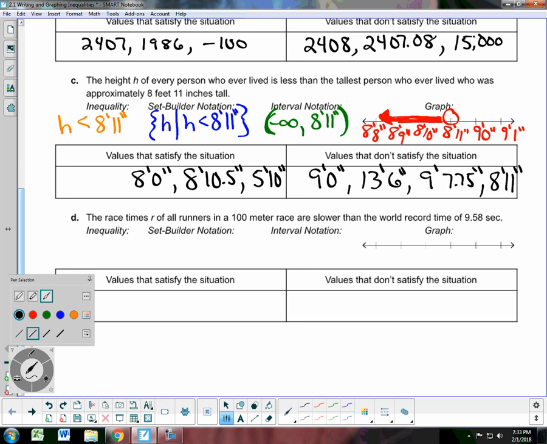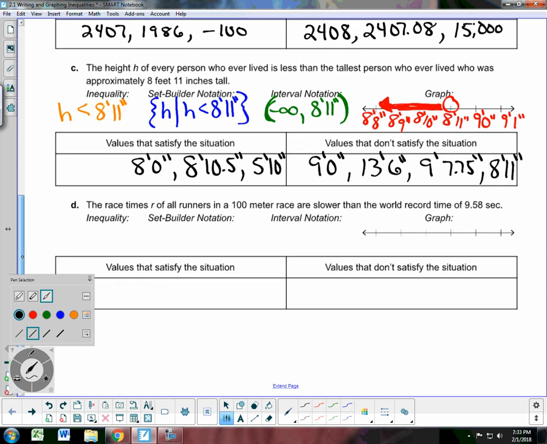All right, and let's take a look at this one. The race times R of all runners in a 100-meter race are slower than the world record time of 9.58 seconds. Well, that makes sense, right? Most races have people who are slower than the world record time. So we have R, and this is slower. So be careful. In a race, when you're timing it, slower actually means a bigger number, right?